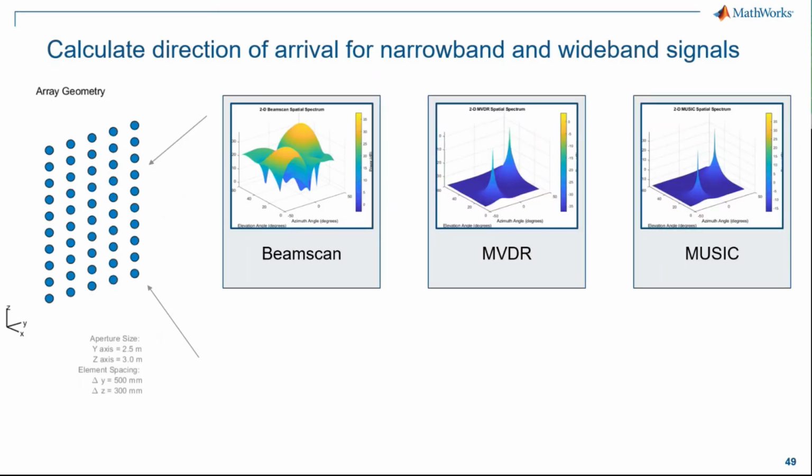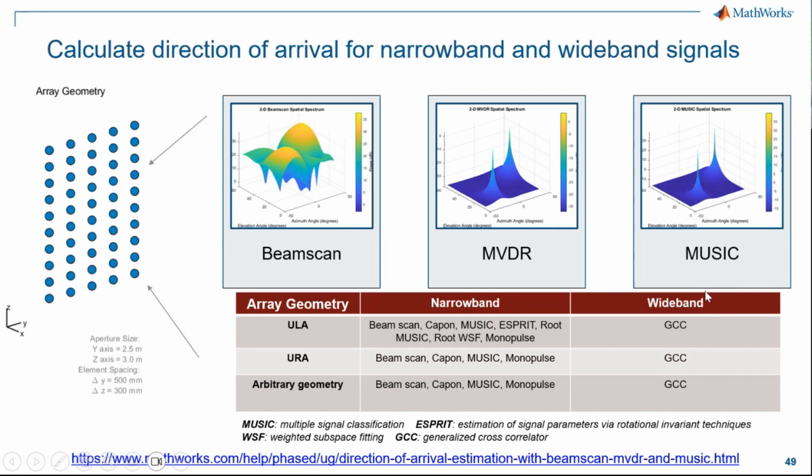The next thing is, we want to be able to do some beamforming, so define exactly, without any mechanical action, where to focus my beam. We also could be interested in estimating the direction of arrival so that we can steer to the actual source of the signal. And in this toolbox, in Phased Array Toolbox, we provide the most widely used and known algorithms: basic beam scan, the Capon, which is the MVDR, MUSIC, ESPRIT, and so on.